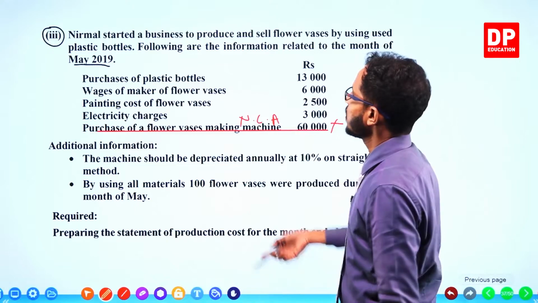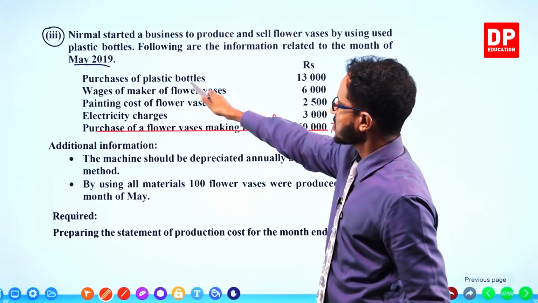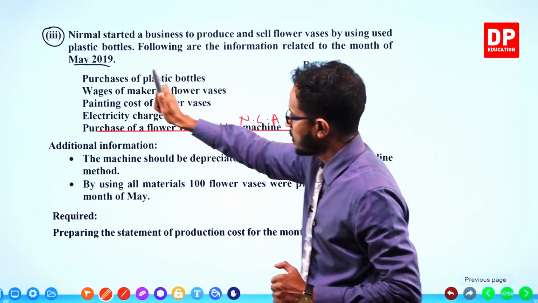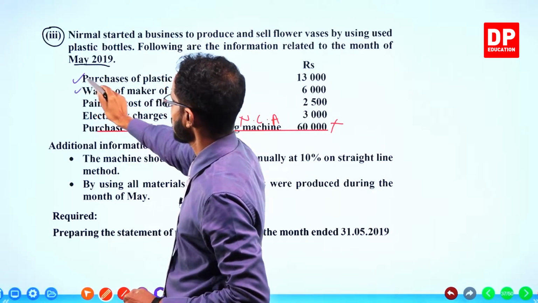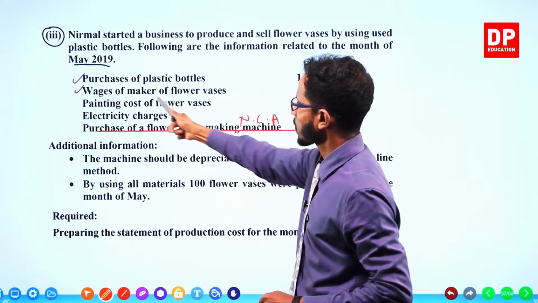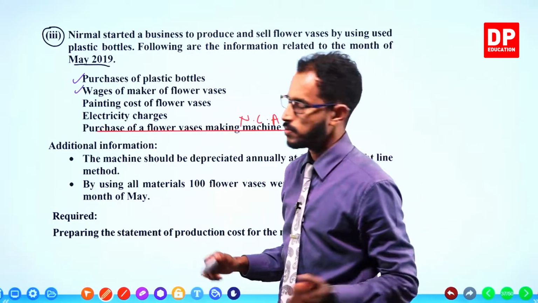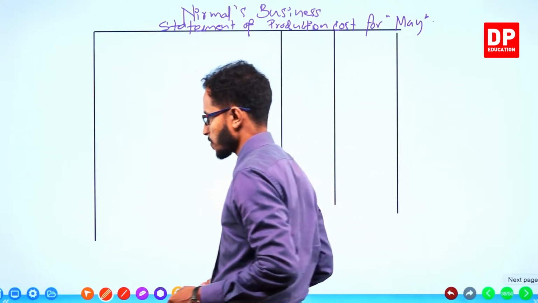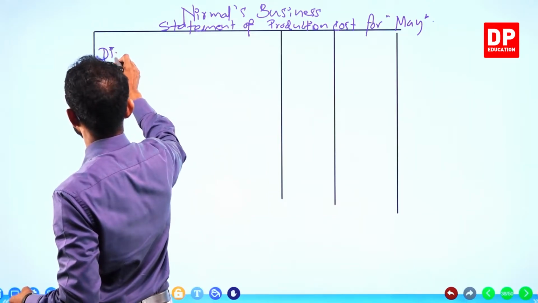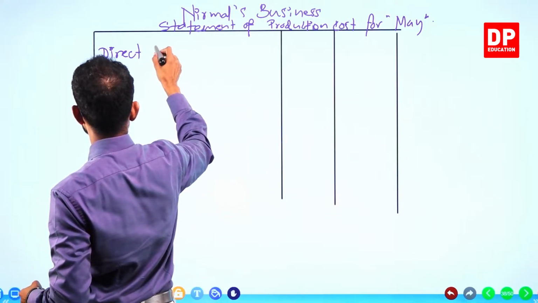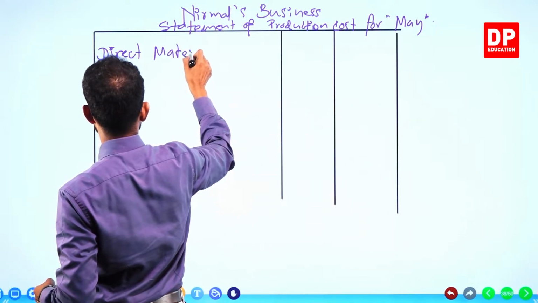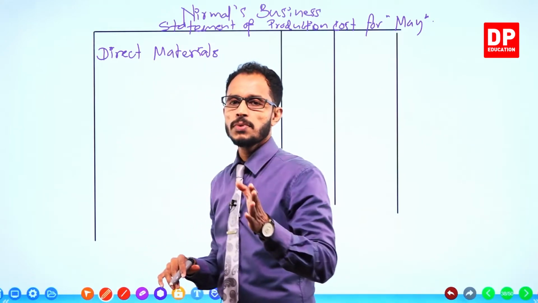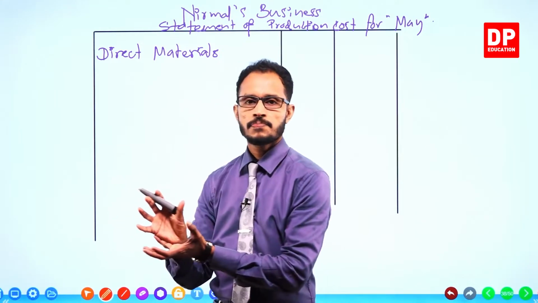Now we are preparing it. Take purchasing of plastic bottles 13,000 as the direct materials. Take wages of the flower vase maker as direct labor. You know why. The main material, the material which is clearly visible in the final product.